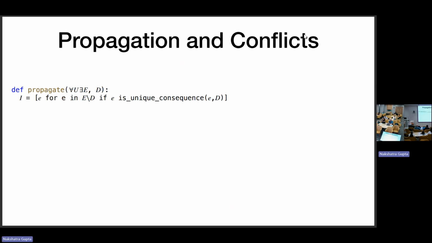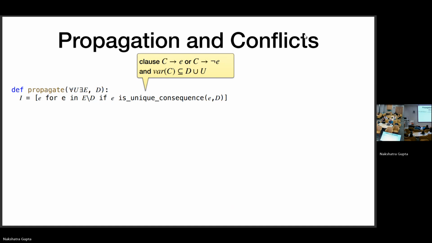And now we want to look for existentially quantified variables that are not already in D and that are unique consequences. What I mean by that is that you have some clauses in your formula that contain E or not E, and all of the other variables in these clauses are variables that are already identified as deterministic or that are universally quantified variables.